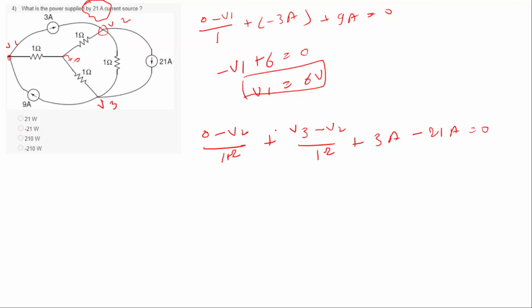So now this will become V3 minus 2V2 minus 18 equals 0. So V3 minus 2V2 equals 18. This is our equation 1.